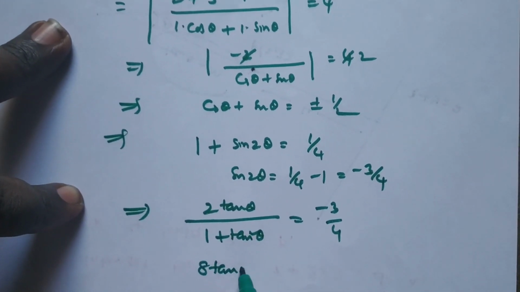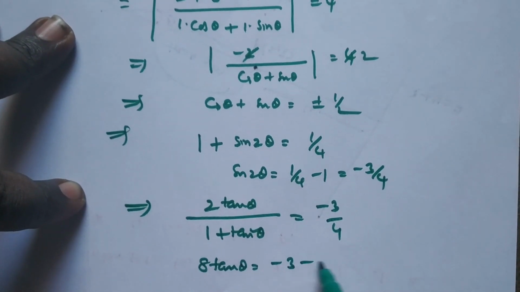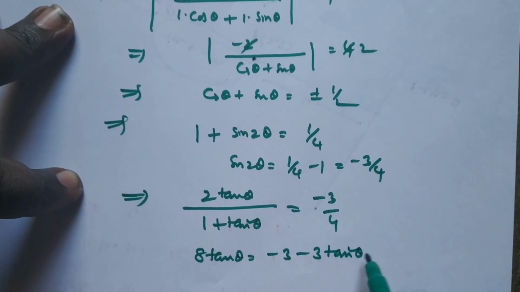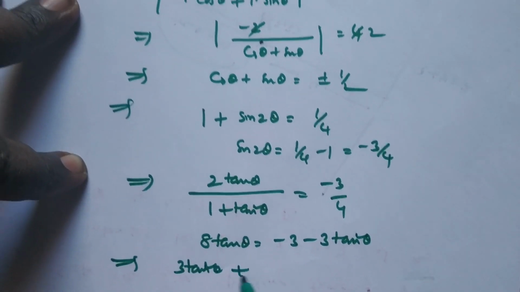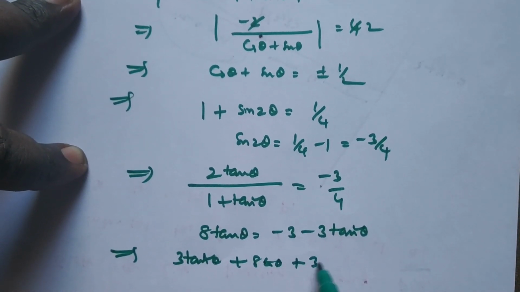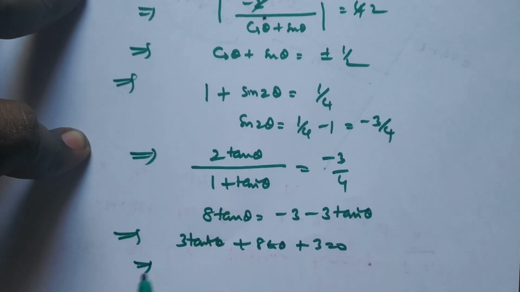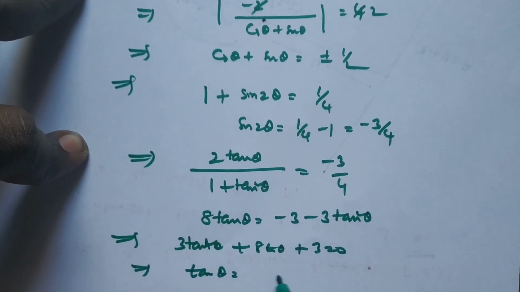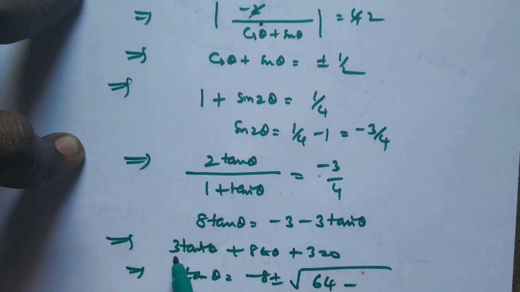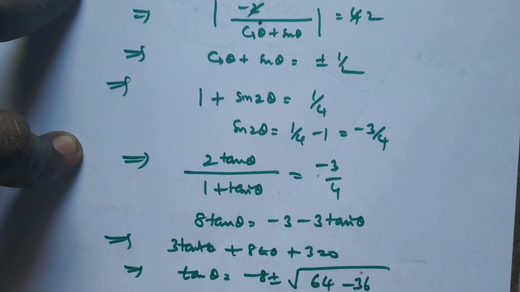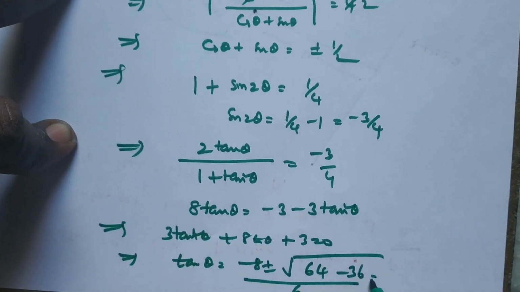8 tan theta is equal to minus 3 times (1 plus tan square theta). This implies 3 tan square theta plus 8 tan theta plus 3 equal to 0. What is tan theta? tan theta equal to minus 8 plus or minus root of b square minus 4ac, 12 3s are 36, by 2 3s are 6.